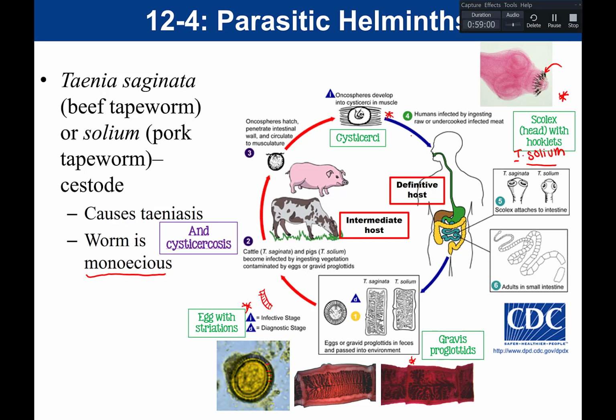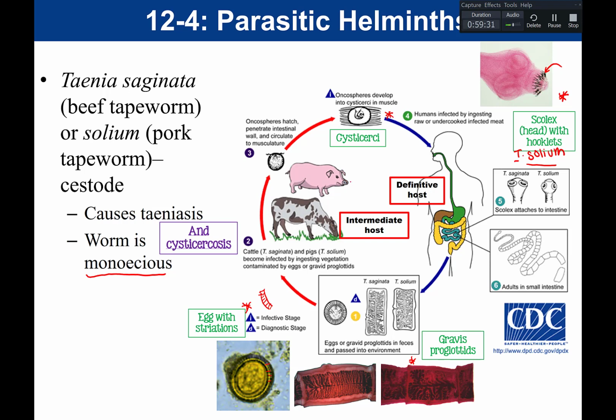Now, in terms of infectious stage and mode of transmittance. Humans are the definitive host, so humans are where the sexual part of the life cycle is going to occur. The intermediate host, where the asexual part of the life cycle is going to happen, is cattle or cows for Taenia saginata, or pigs in the case of Taenia solium.